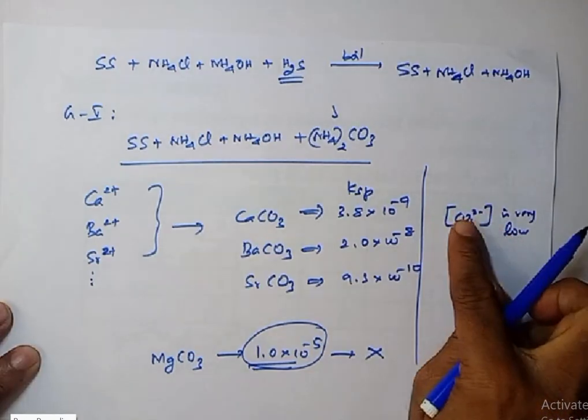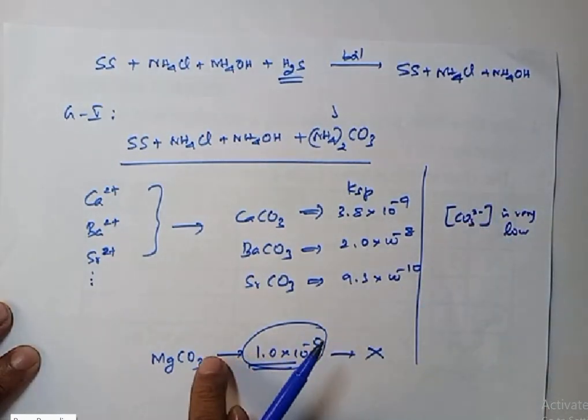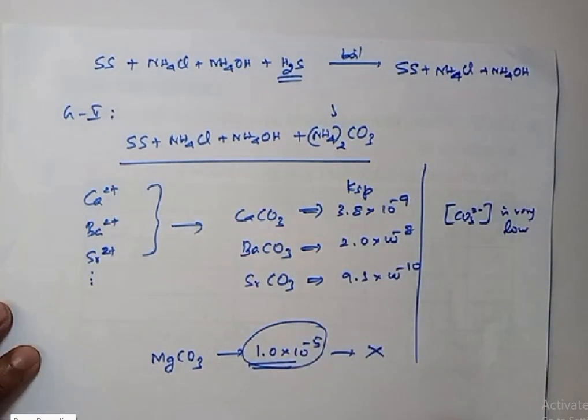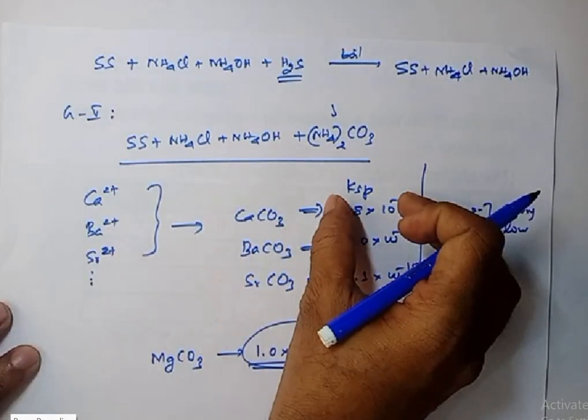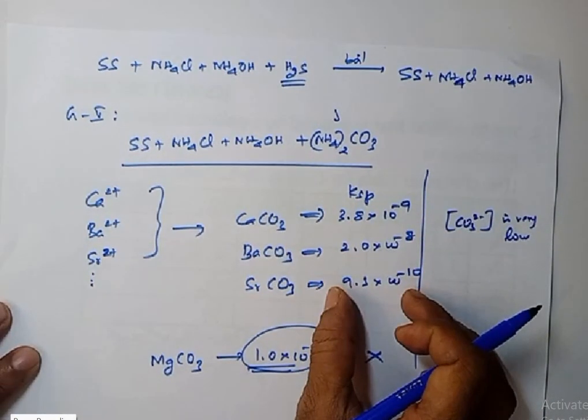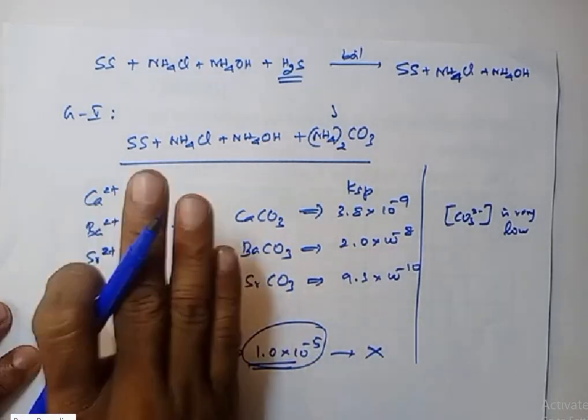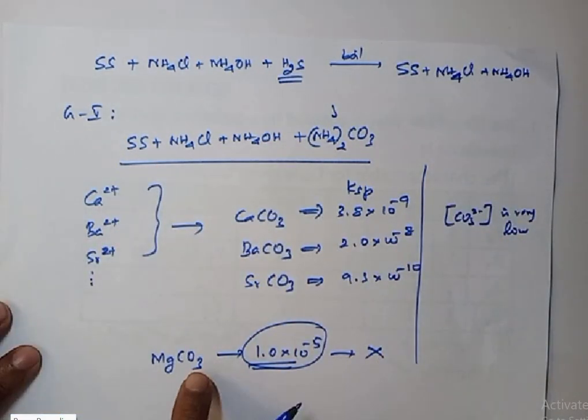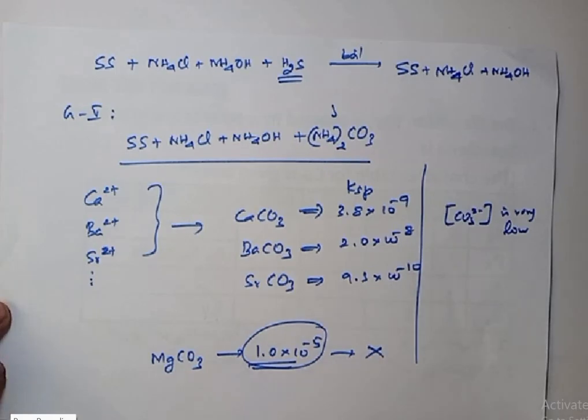This concentration is insufficient to precipitate magnesium as magnesium carbonate, because the solubility product of magnesium carbonate is quite high, whereas for these other metal ions, the solubility product values are very low. Therefore, at the group 5 stage, only these metal ions get precipitated as carbonates. Magnesium never forms carbonate here.